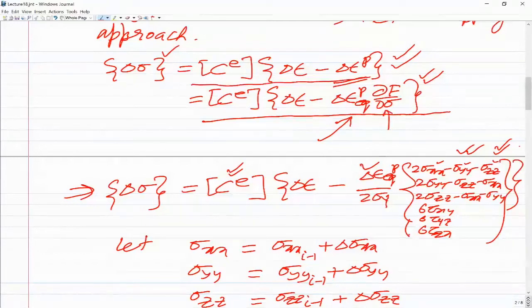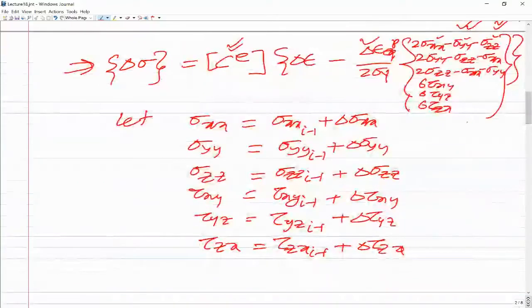Sir, while proving that, we replaced the sigma xxD and sigma yyD values. You are saying that we did not include the alpha terms in that. That's what I'm saying here. When I write this expression, it is for isotropic hardening.